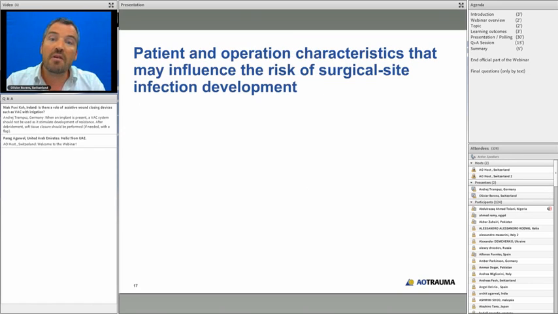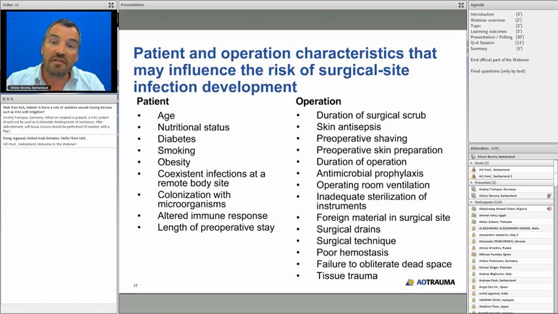If you look now at the modifiable risk factors, which you can see here on the left side of the screen, it's diabetes. We know that if we are able to improve the diabetes of our patients to around 7, we can decrease the risk of infection very importantly. Smoking is a major risk factor. Of course, in trauma, often we cannot tell our patients to stop smoking for a couple of weeks before the operation, so there we cannot have any influence.